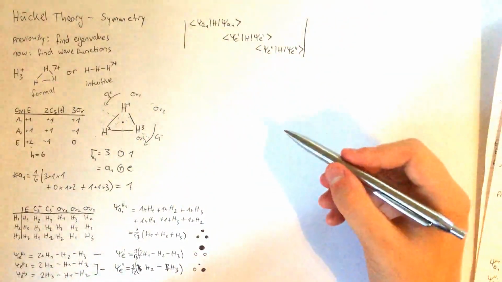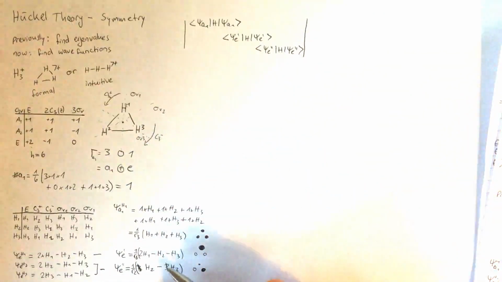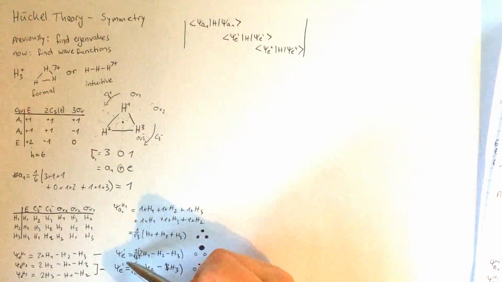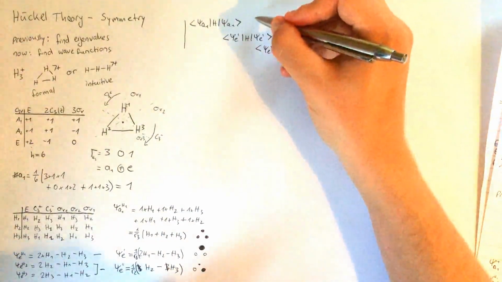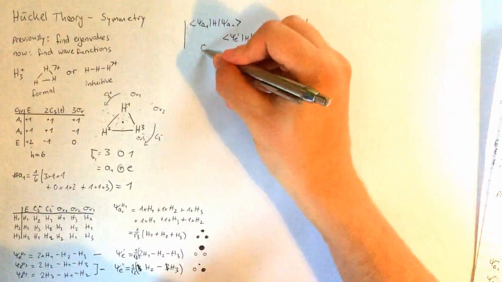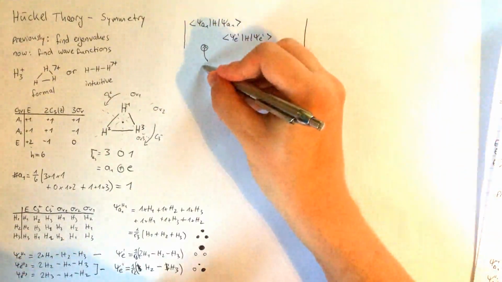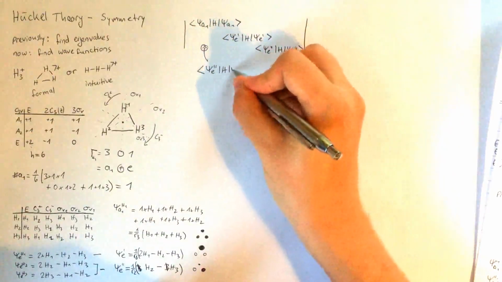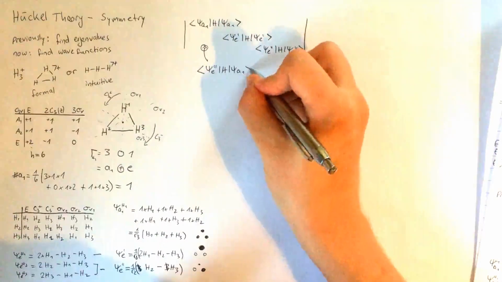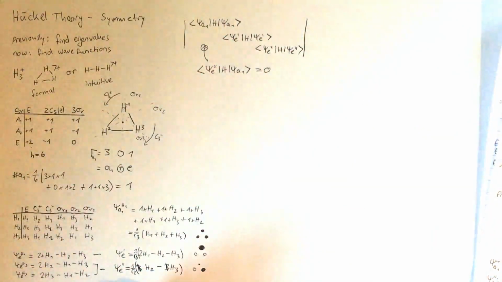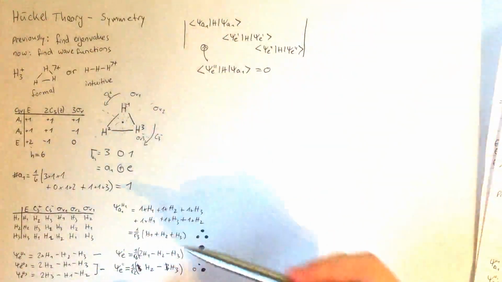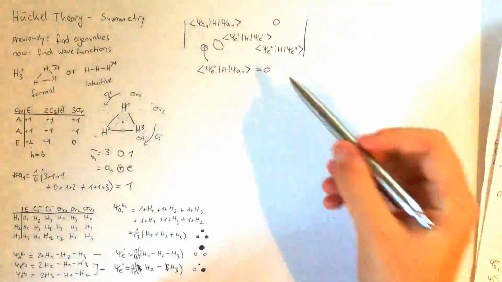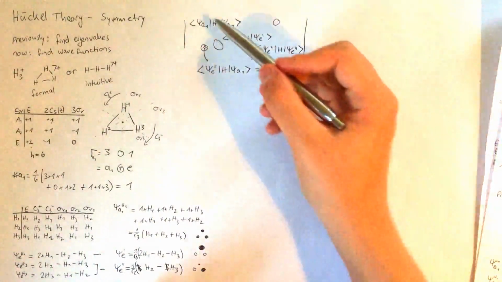I just said that we have chosen our wave functions in E to be orthogonal, and the A1 wave function by default will be orthogonal to the E wave functions. So for example, I look at this matrix element right here, I would find E2, H, A1, which is just 0. And so with what we did here, with finding the wave functions like we did, all the off-diagonal terms will be 0, and we directly have our diagonalized determinant.